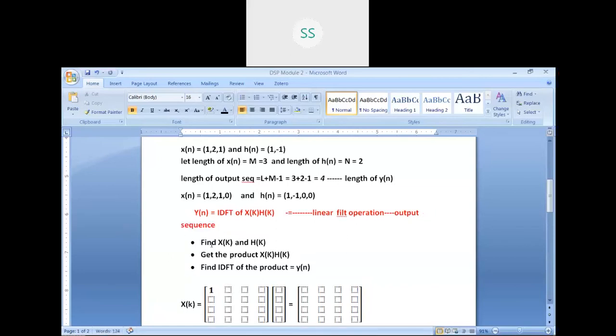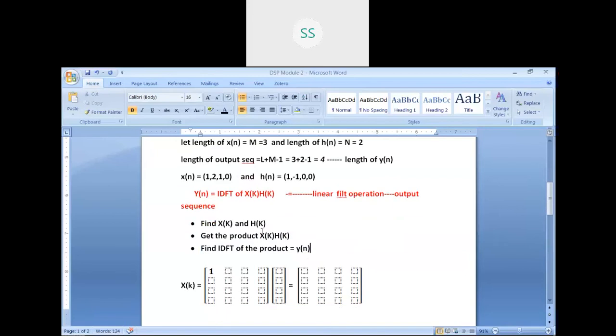So what is our procedure to generate y of n? First you have to find X of k and H of k, which are the DFTs. You can either solve the equations or use the matrix method. The second step is to take the product of X of k and H of k. Then perform the IDFT of the product, which gives y of n, the output of the complete operation.